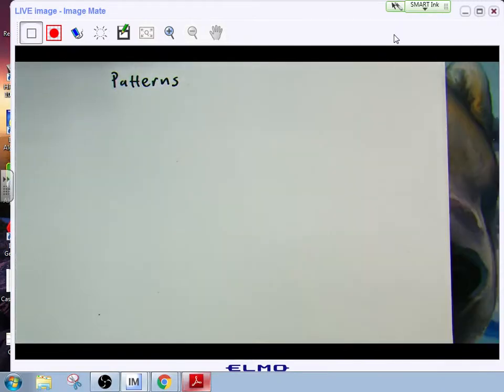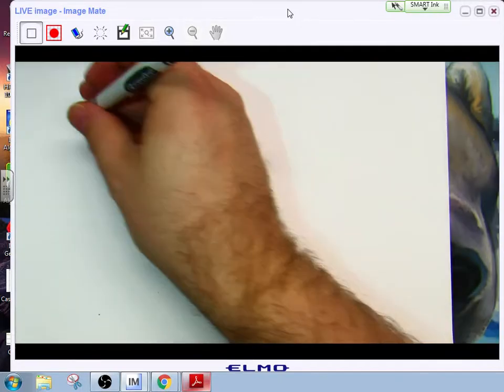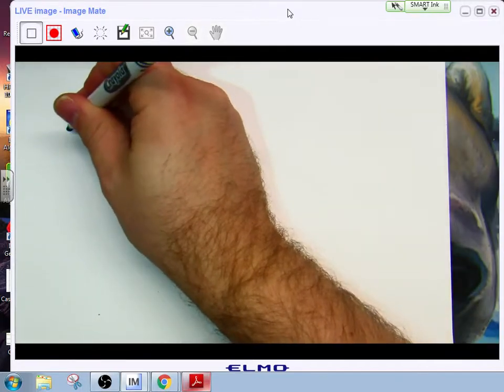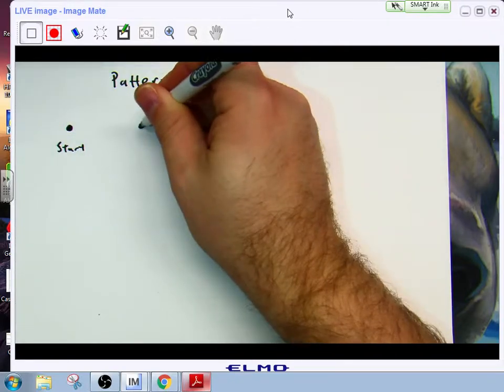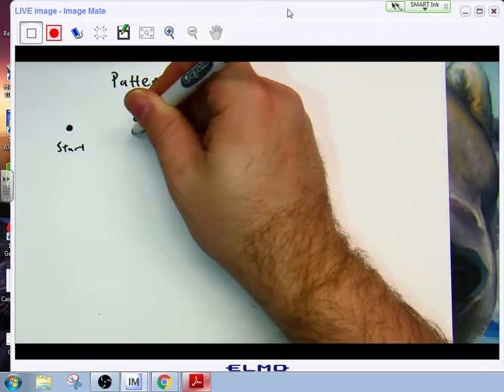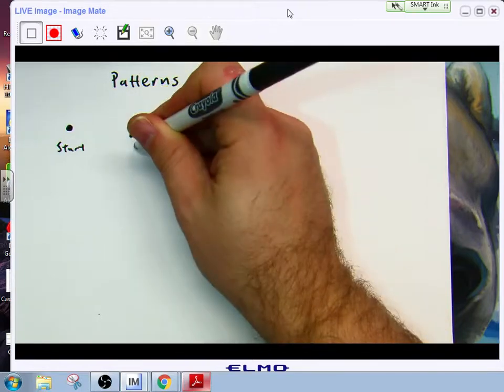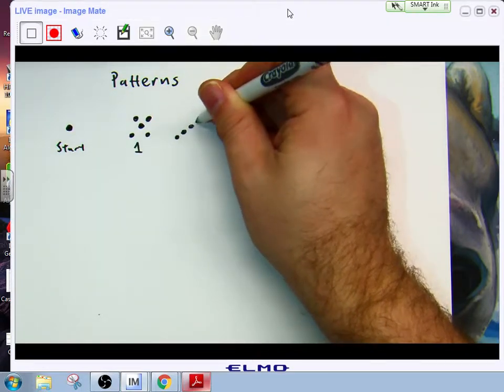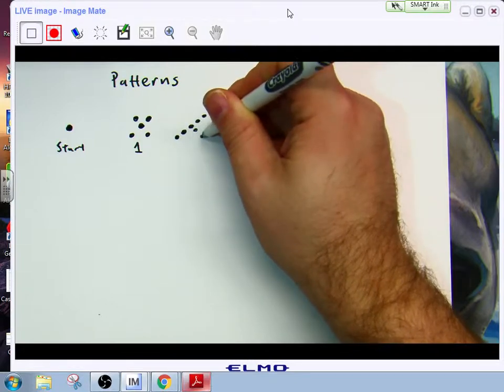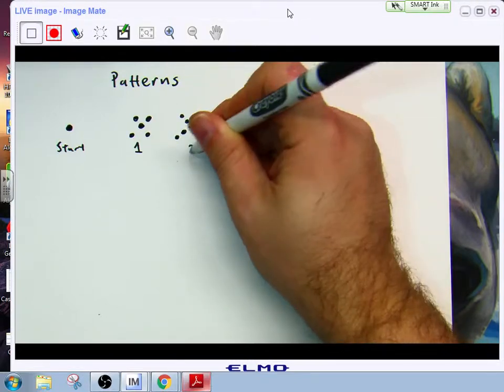For this, I'm going to go back to the pattern that we were talking about today in the growing dots example. So I had 1 dot at start, 1, and then it grew into an x at 1, and then it grew into a bigger x at 2.